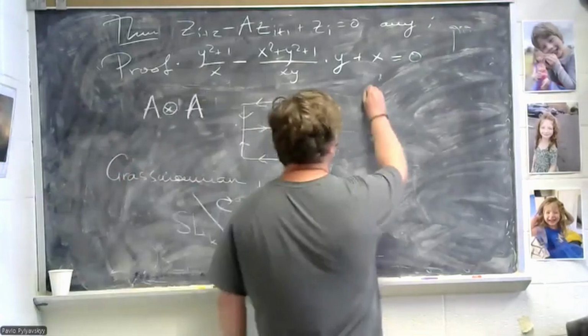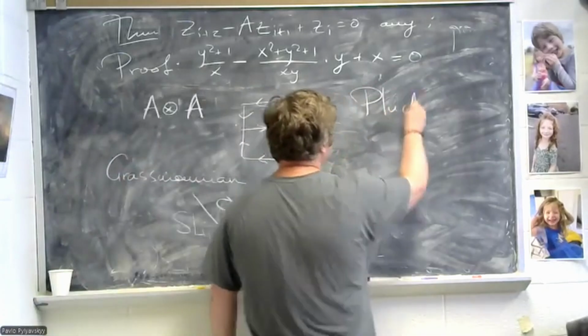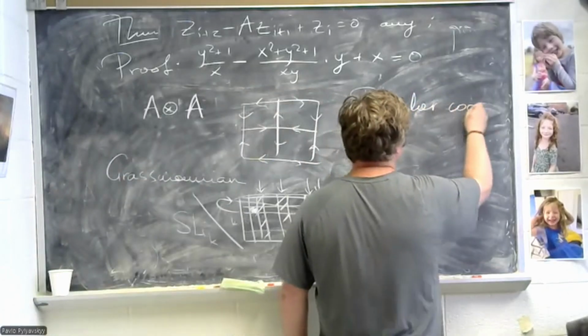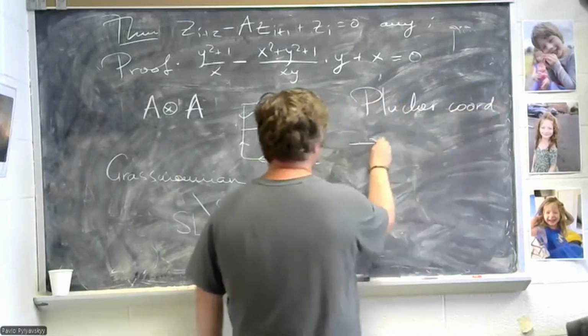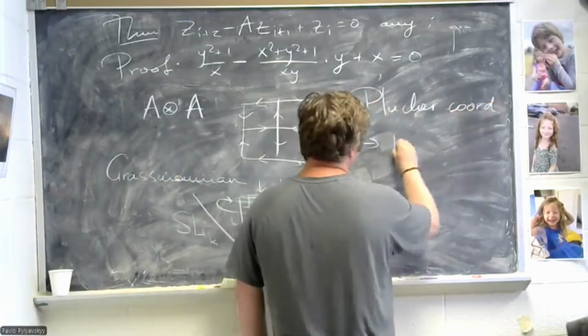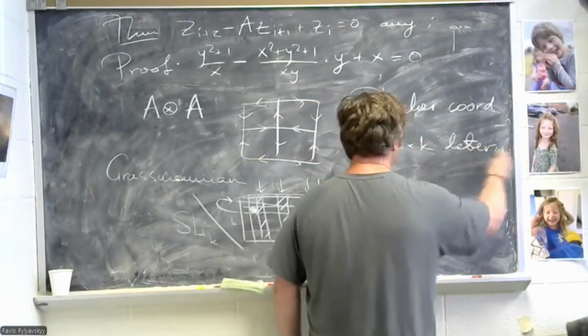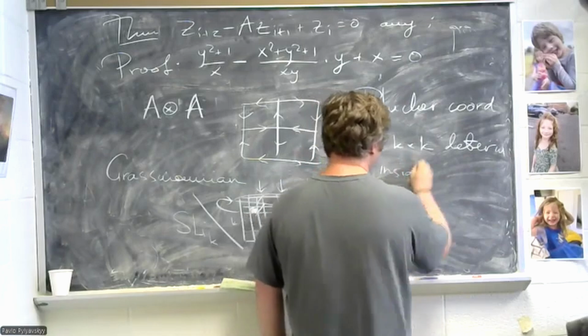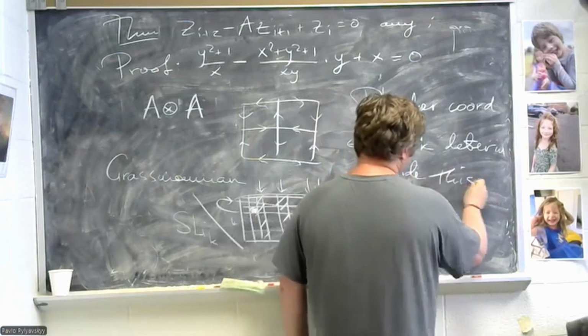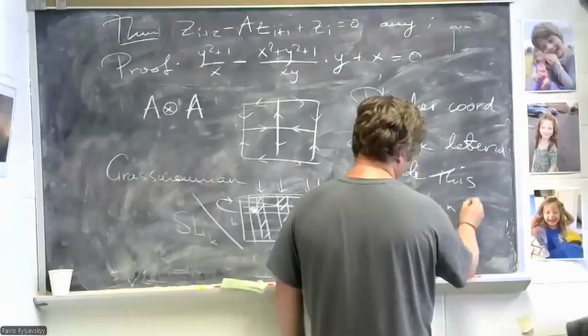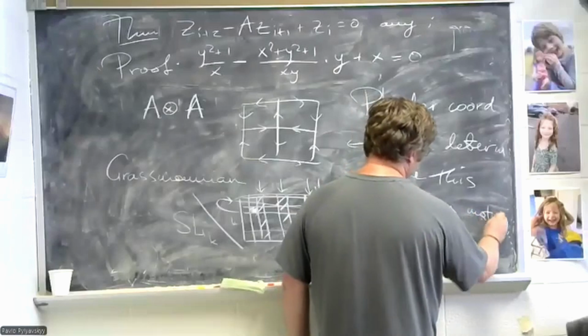So people talk about Plücker coordinates, which correspond to k by k determinants inside this k by n matrix.